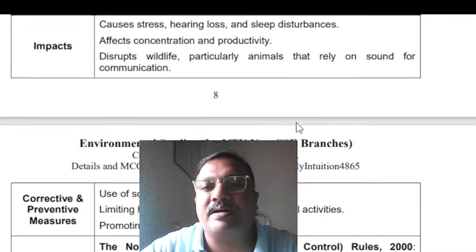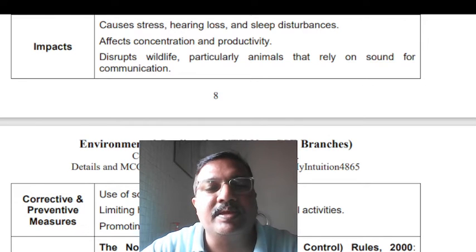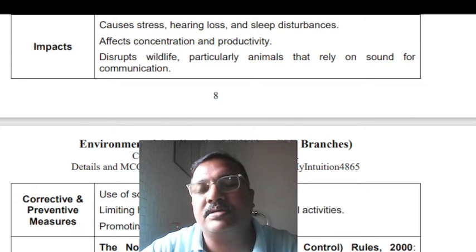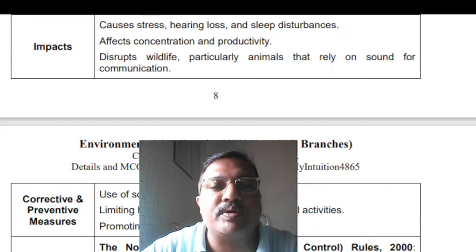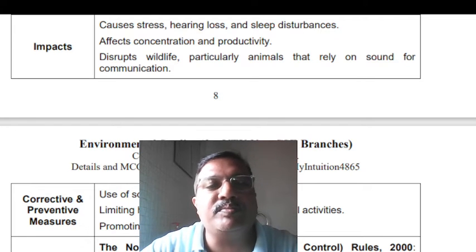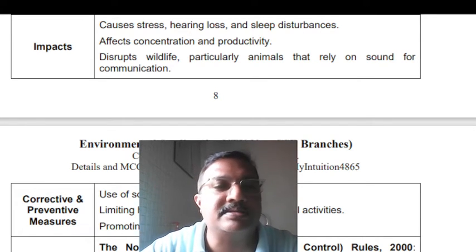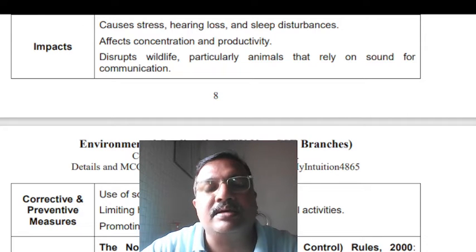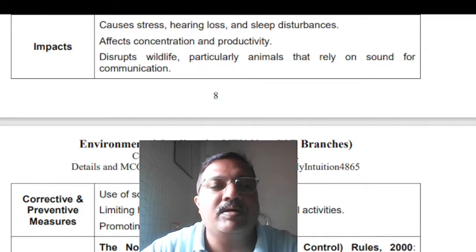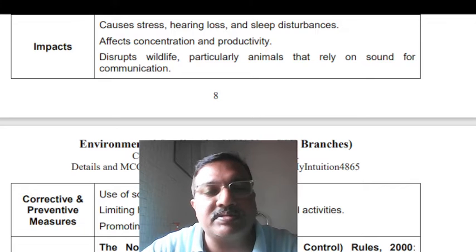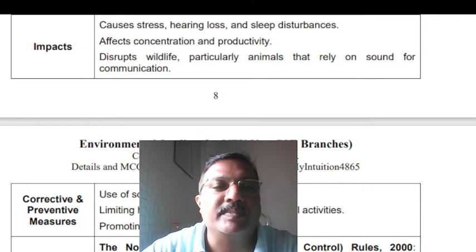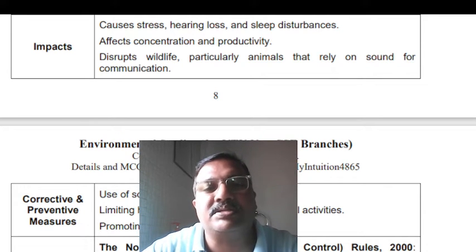Impact of noise pollution: it can have serious effects on both humans and animals. On humans, it can cause stress, hearing loss, sleep disturbances, lower productivity, reduced concentration, etc. Stress: constant noise makes people feel tense and irritated.